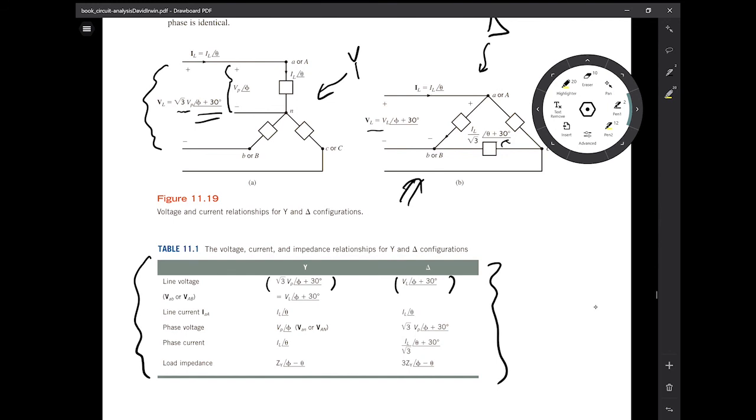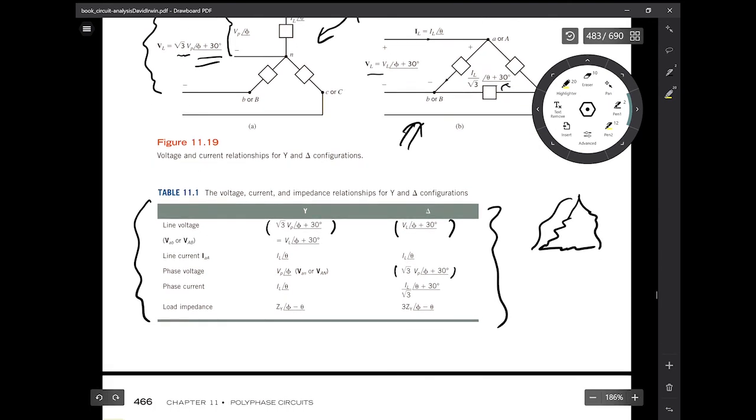The phase voltage for the delta is just the line-to-line voltage, because the phase in a delta connection is across the line-to-line. Then phase current and load impedance: you can see here the delta is 3 times the Y. So we maintain the relationship that ZY equals 1/3 Z delta.